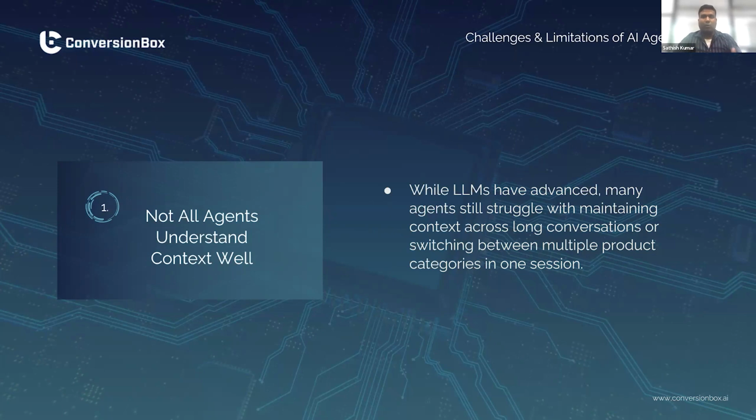So a lot of training has to be put in to make the agents understand the context. In some cases it might still not understand it. So it is an evolving process, but you have to start somewhere and invest in these things. Otherwise, it will not mature in the coming days, right?